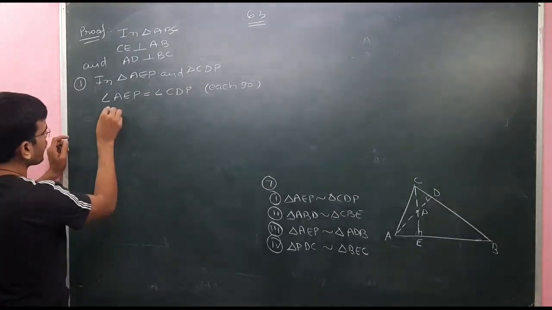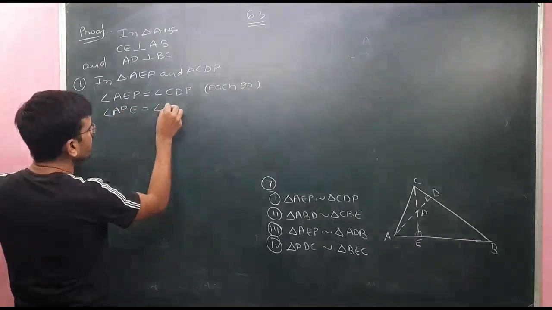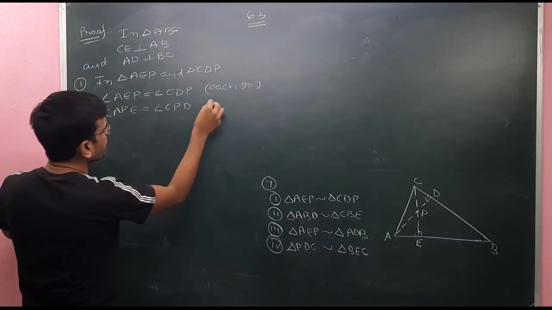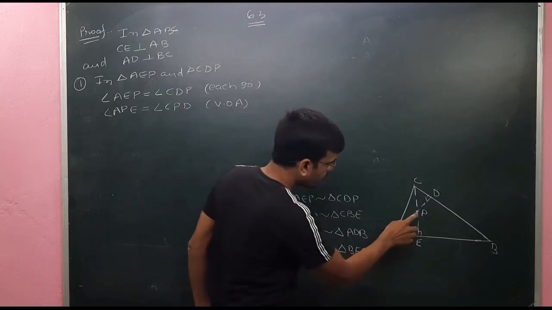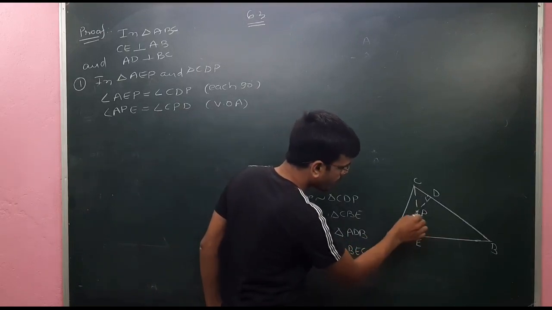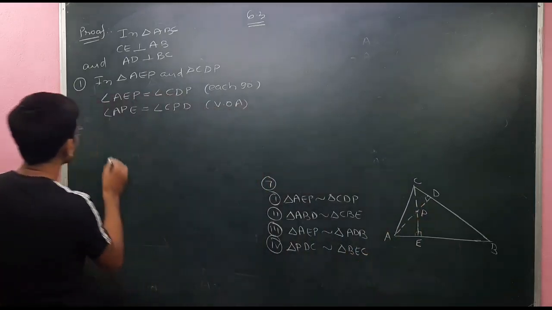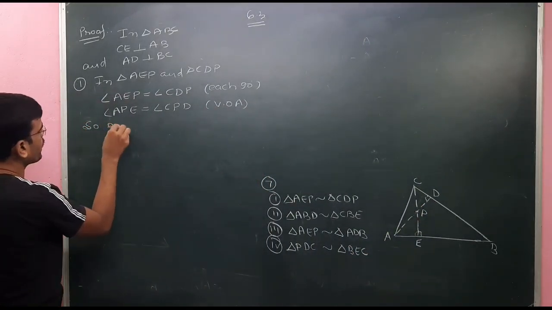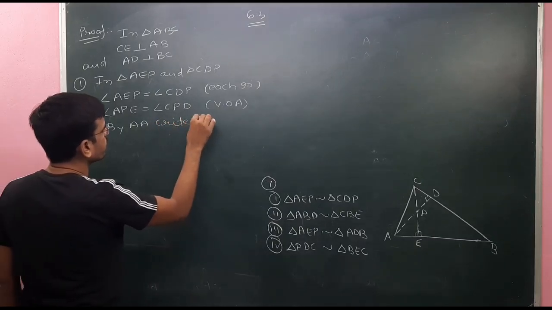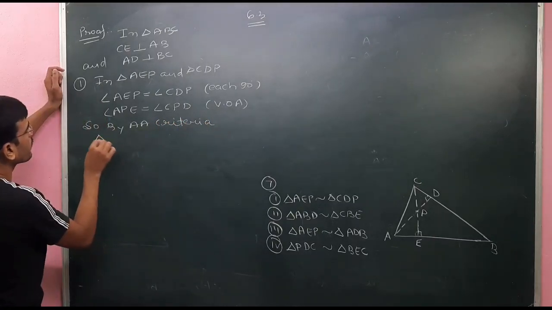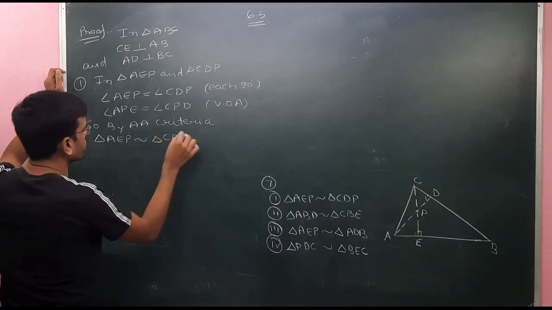Next, angle APE is equal to angle CPD, vertically opposite angles, means this angle APE and this angle CPD are vertically opposite angles. So by angle criteria, triangle AEP is similar to triangle CDP.